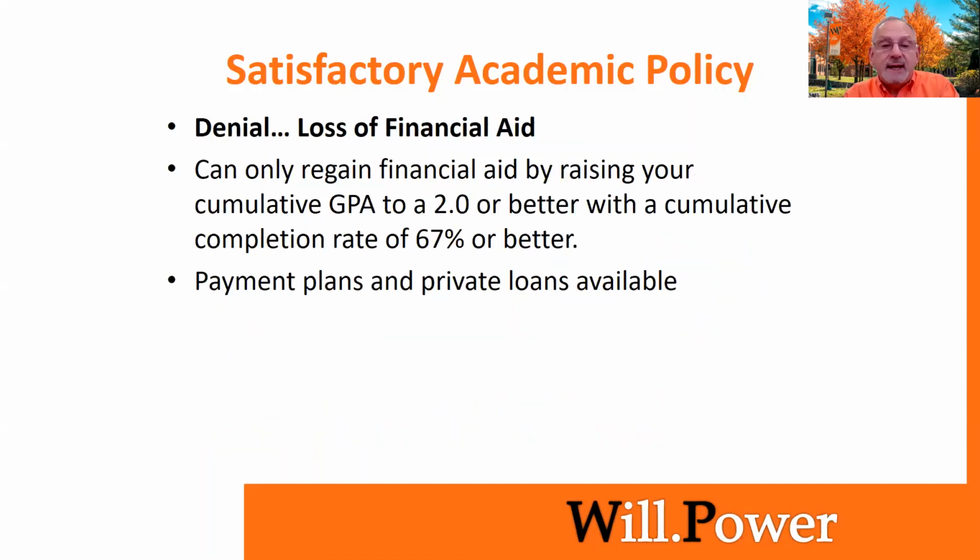If your appeal is denied, the only way you can raise your GPA and regain your financial aid eligibility is on your own. You have to pay out of pocket. There's payment plans and there's private loans available for students in this situation.